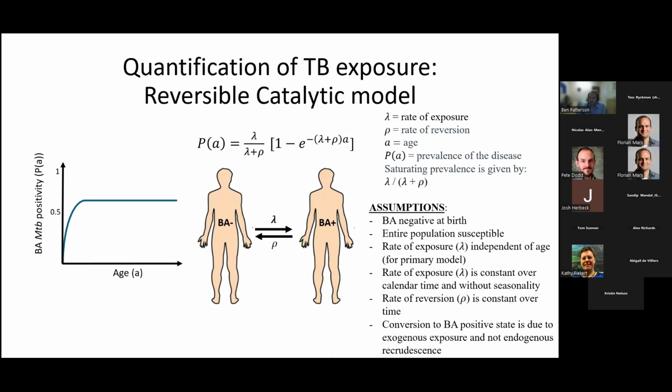The rate of reversion we're also keeping constant. And then I think quite an important one is that if somebody converts to a bioaerosol positive state, this is due to exogenous exposure, and it's not a cyclical recurrence of disease, where they're already infected and then just have a recrudescence.